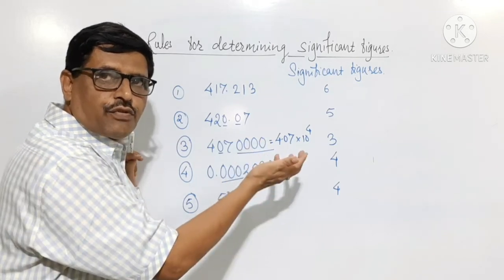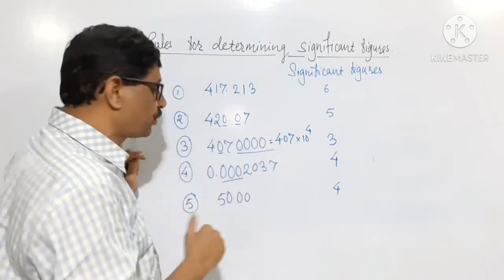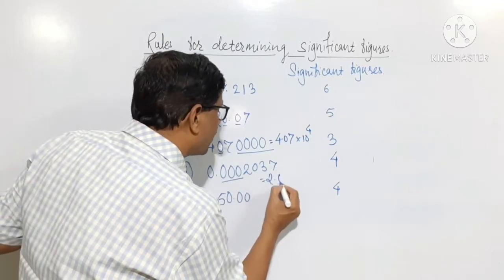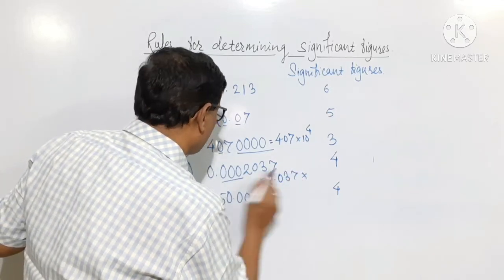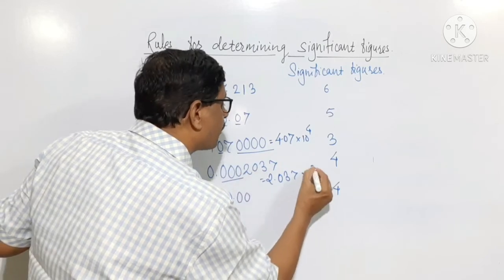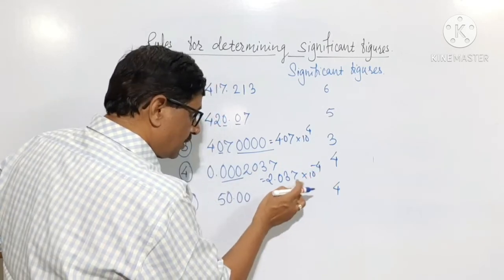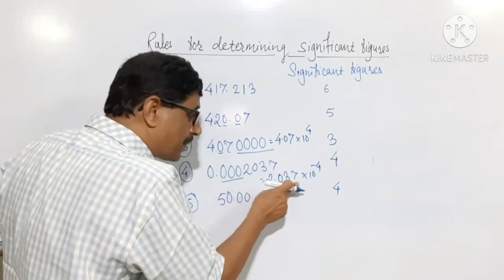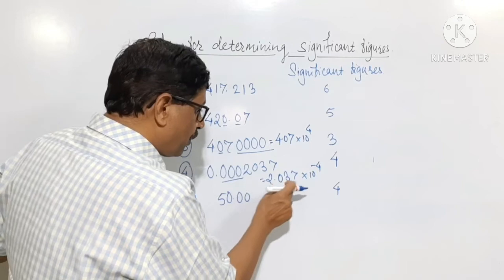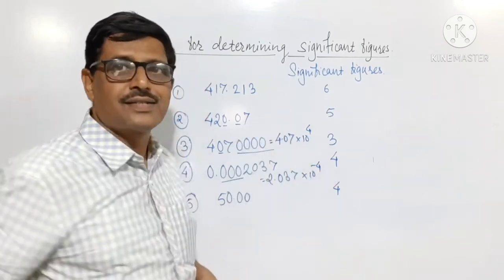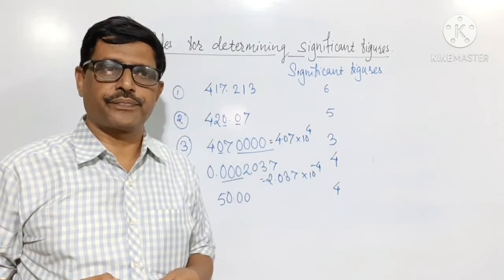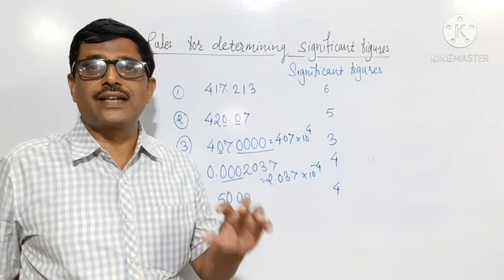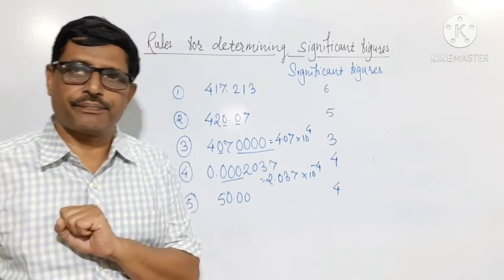It is written in the form of power of 10, order of magnitude. The same can be written like this: 2.037 into 10 to the power of minus 4. Here, the power of 10 is not significant, but the digits present in the measurement are significant. Therefore 4 is the significant figure count. This is how to find out the significant figures in the measurement.